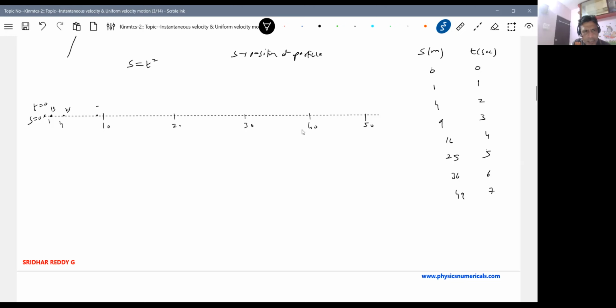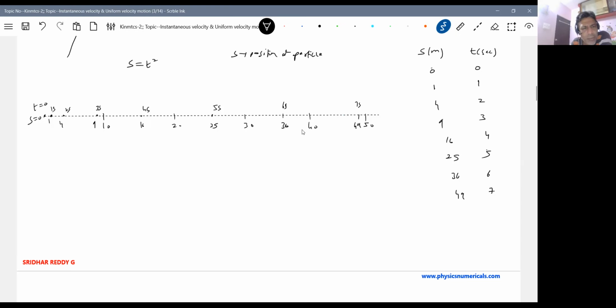At 3 seconds, 9. At 4, 16, it will be here. 25 at 5 seconds, 36, 49, it will be here. Look at it now. In the first 1 second, it covers 1 meter. In the next 1 second, it covers more distance. Okay, this is no problem.